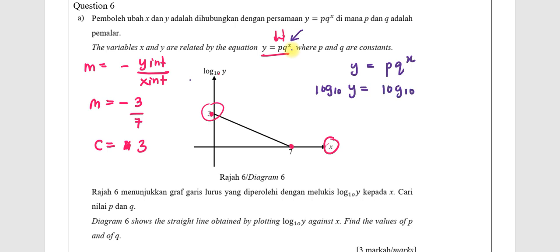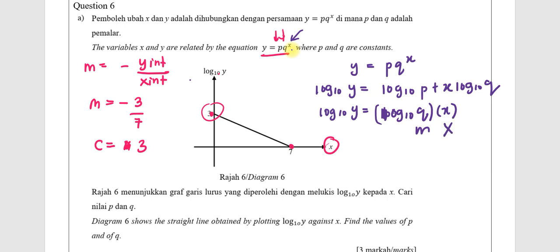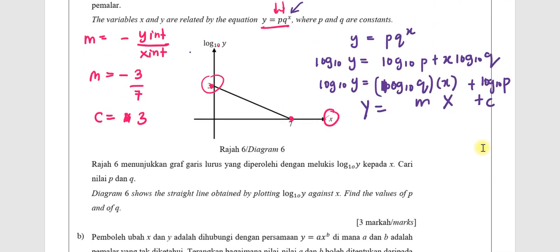So log 10p plus x log 10q. So you get your x-axis. So log 10y equals log 10q times x to get your mx, plus log 10p. Now much more practical. Now it's easier to solve.